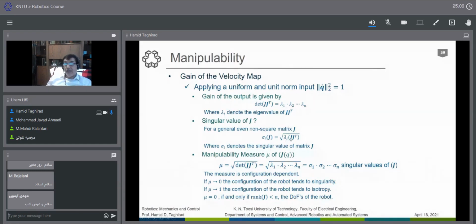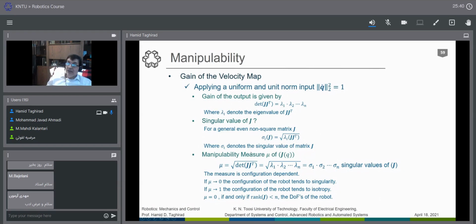So instead of having JJ transpose, a squared matrix, we can use the particular Jacobian, which could be non-square, it could be a square matrix, it could be a fat or a tall matrix. And then if we use the singular value here, this singular value is actually the square root of the lambdas.